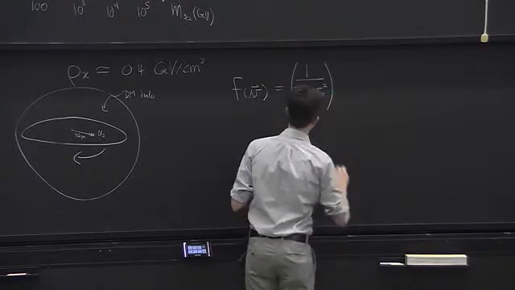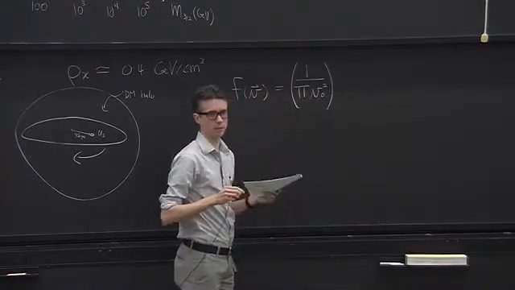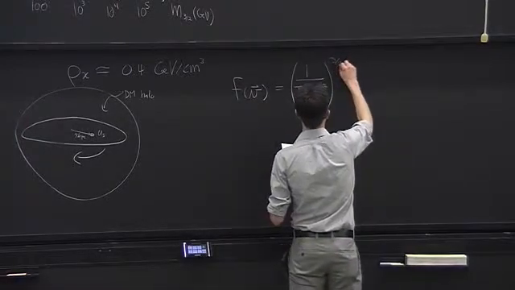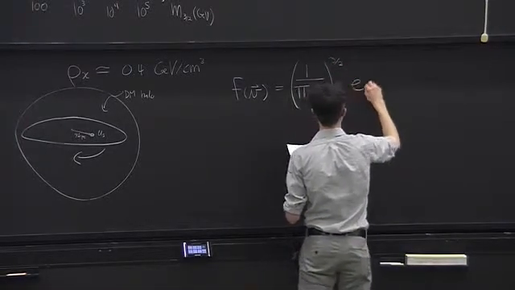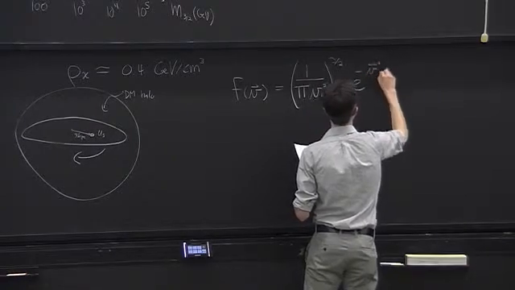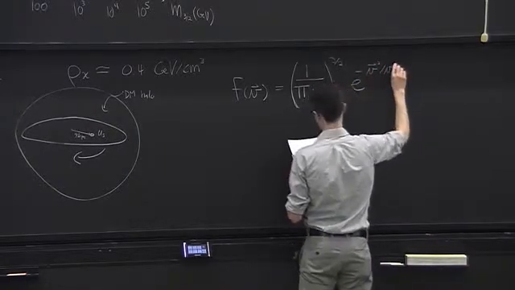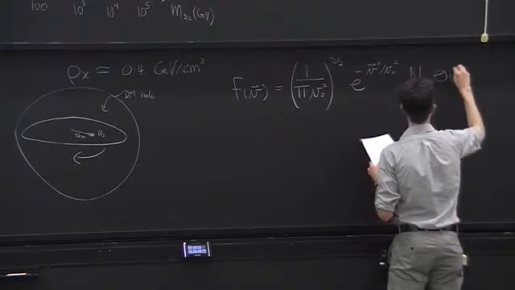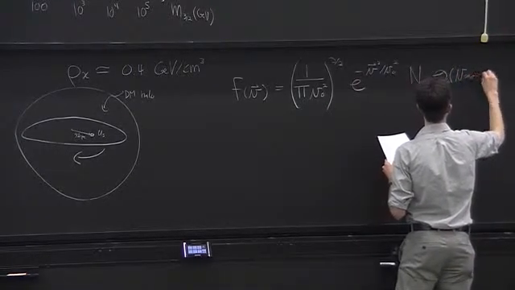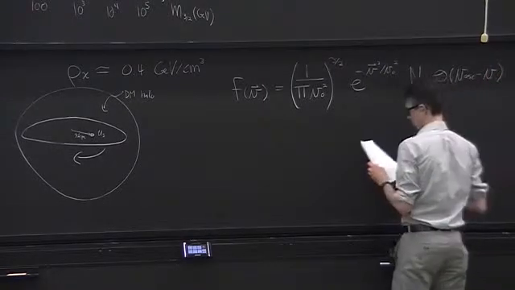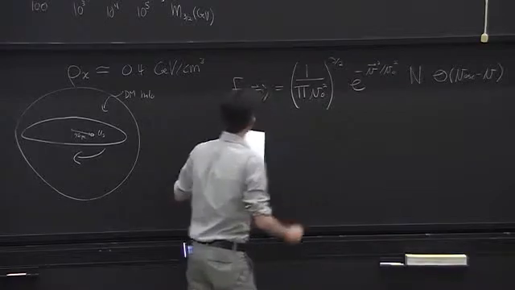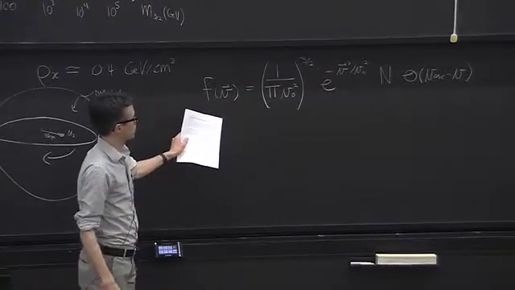A standard assumption, and this seems to be confirmed by simulations of dark matter in our galaxy, is that this velocity distribution is approximately a Gaussian. So this is the dark matter velocity distribution.